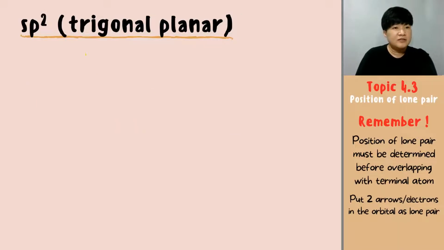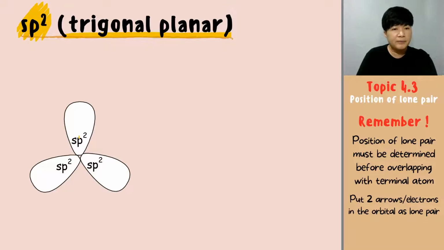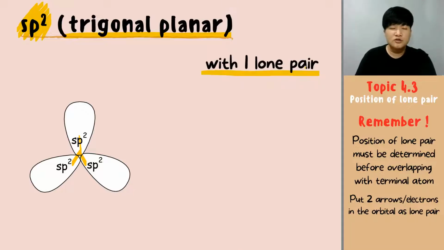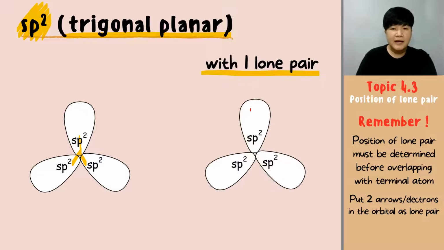First and foremost, starting off with sp2, knowing that sp2 is a trigonal planar. Your trigonal planar should look something like this. So what happens to your trigonal planar when you have one lone pair? When you have one lone pair at your central atom of trigonal planar, where should the lone pair be located? The lone pair can be at any of these lobes. Why any of the lobes? Simple, because each and every one of them is at 120 degrees.